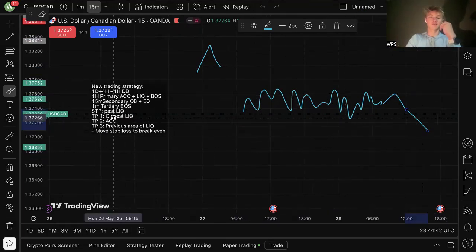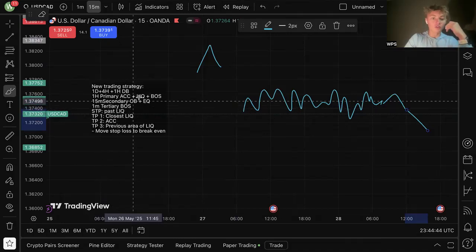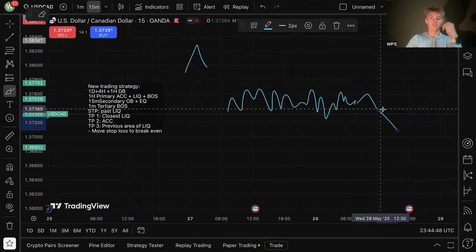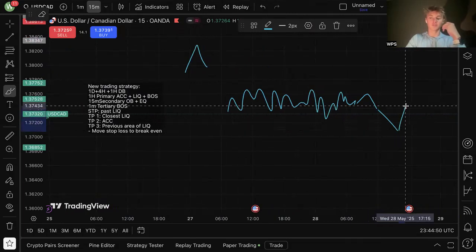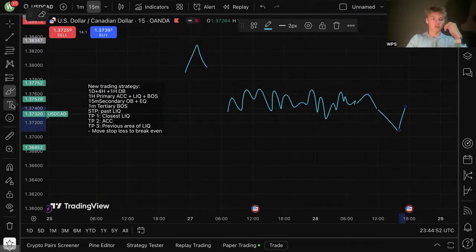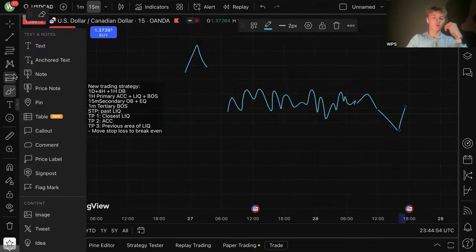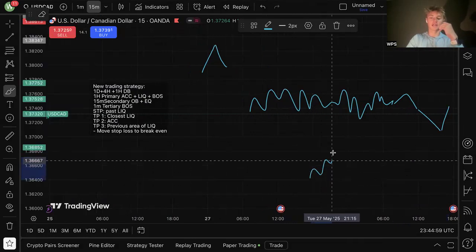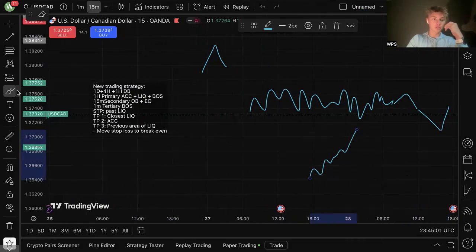And then once I have this on the 5 minute, a retracement up, and I'll do this through the last liquidity sweep, so the last move up.